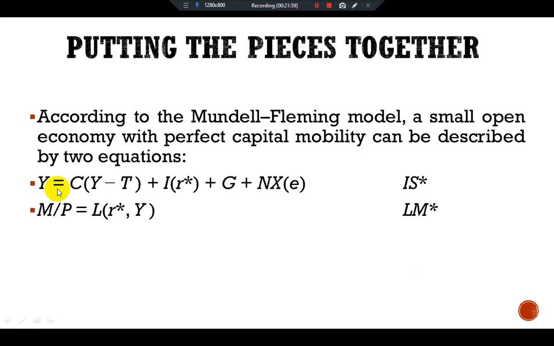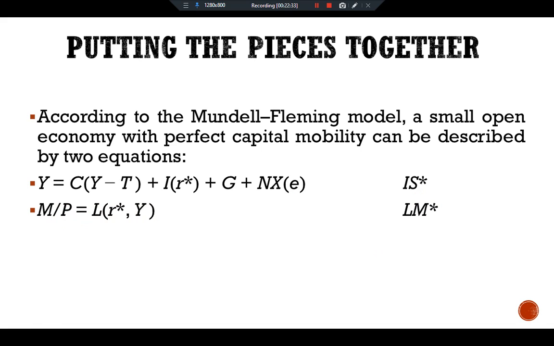Here we have Y = C(Y − T) + I(r*) + G + NX(e), and we have the real money balances M over P = L(r*, Y). The first equation describes the equilibrium in the goods market, as we have done in our simple IS-LM model. The second equation represents the equilibrium in the money market.